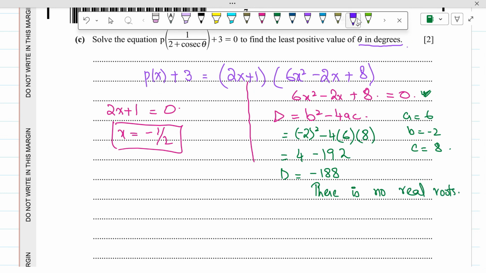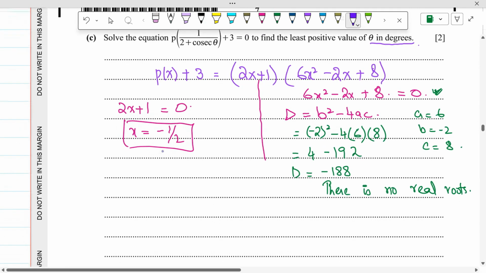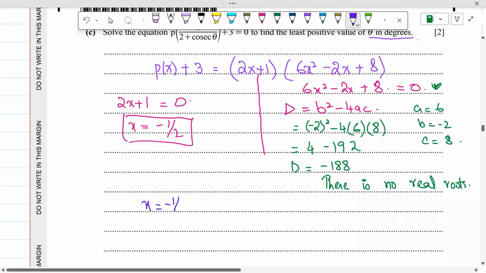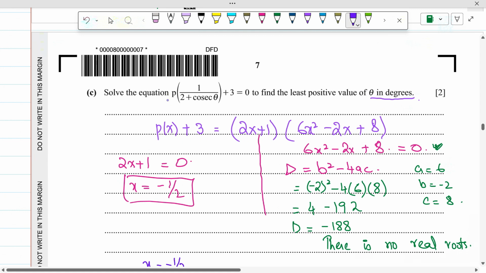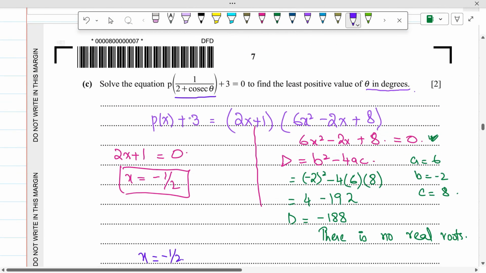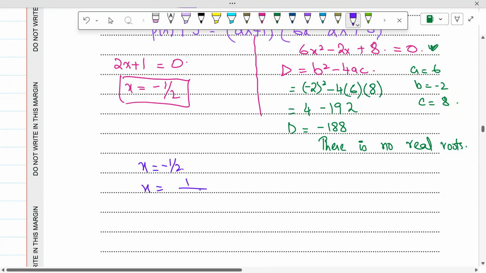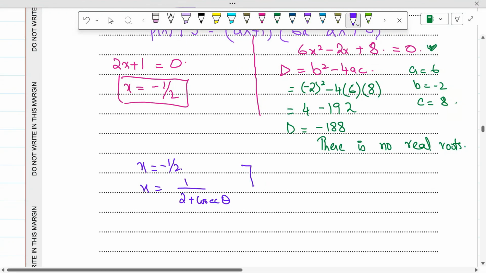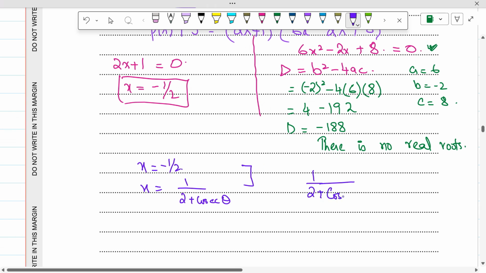So we only have one value of x, which is x = negative half. In the given equation, x is 1 over 2 + cosec θ. Comparing, we have 1 over 2 + cosec θ equal to negative half.